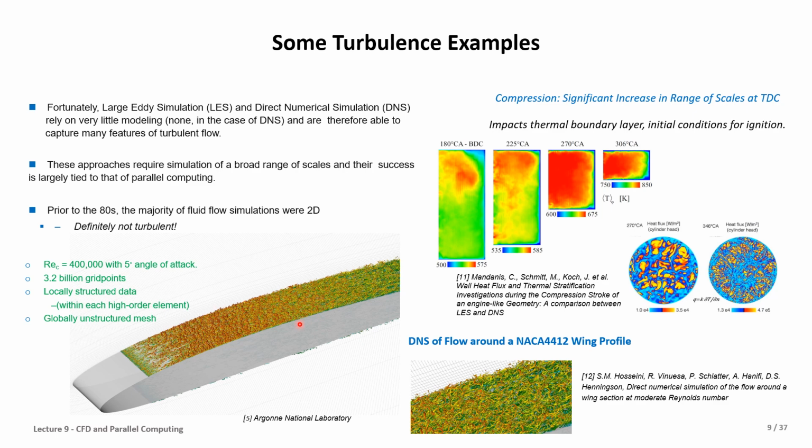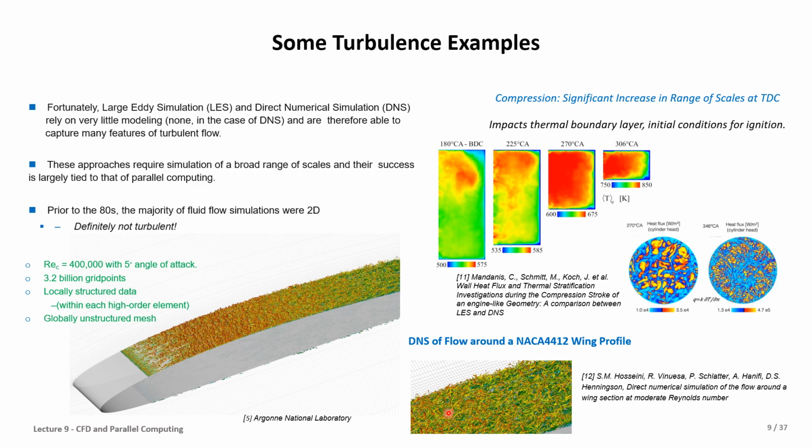When we look at this simulation with much more detail, we can see from the DNS that it presents all scale sizes of the simulation. However, if using another method, RANS only presents the average, and LES is filtering the smallest scale.